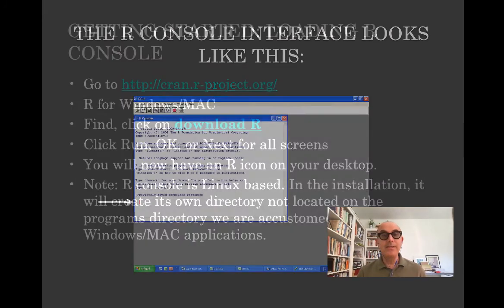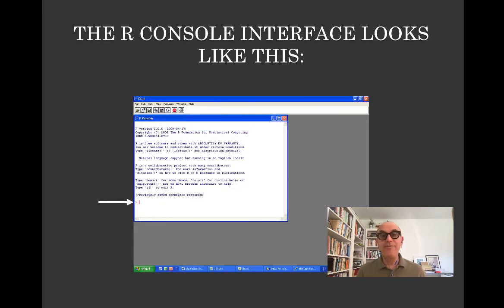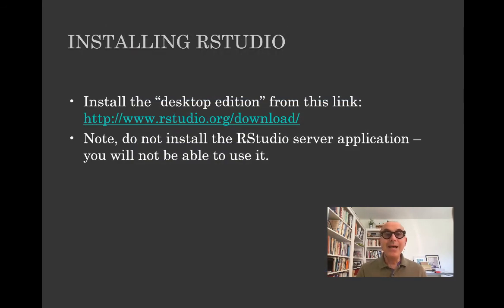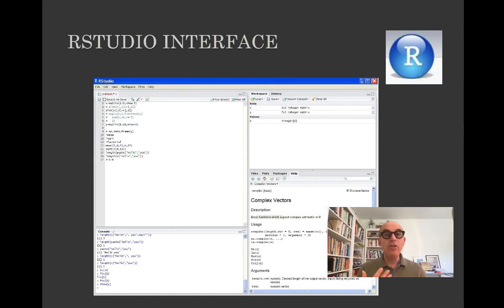It is based on a DOS format, and it looks like this. This is what it was, and when I started to work in R, this is the platform that I used. RStudio is a little bit more advanced, but again, it has a lot of interface that is easy to understand.